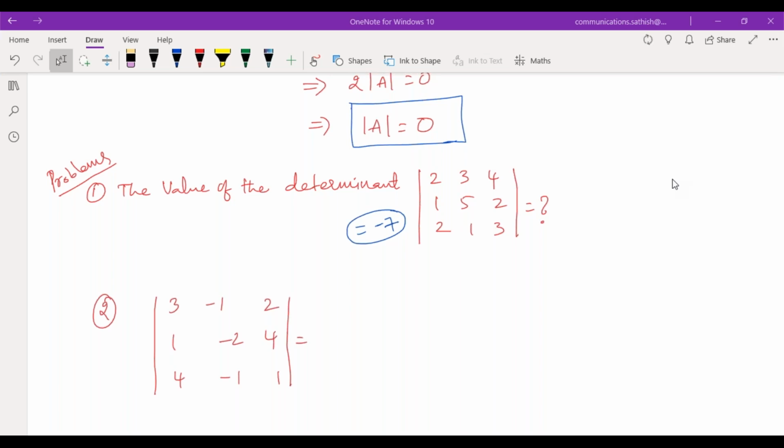For the second one, it is minus 2, sir. No, check it properly. You will have the answer as 5.